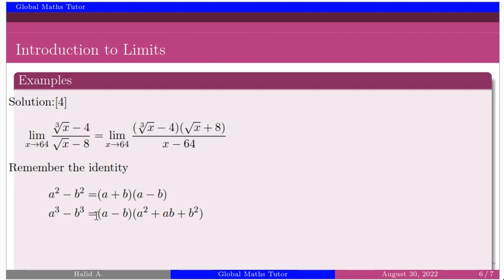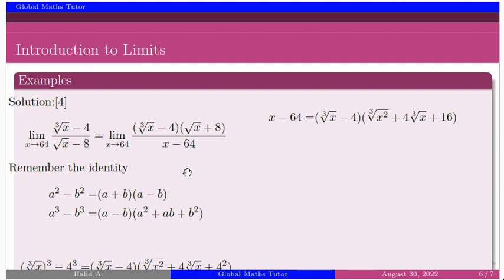So this can be expanded like this. 64 means 4 cubed, and x is the same as the cube root of x, cubed. It has the same meaning. So x minus 64 can be written as the cube root of x cubed minus 4 cubed. So this one will be like this.